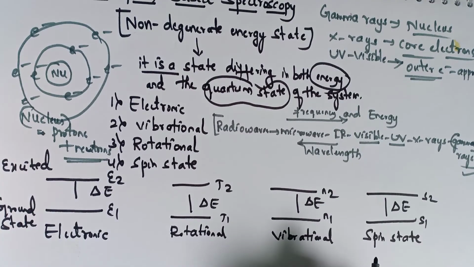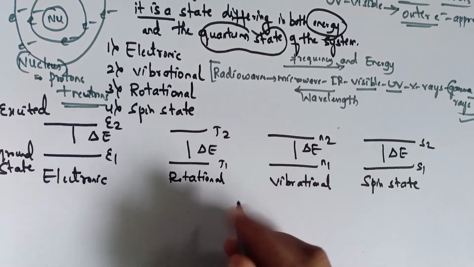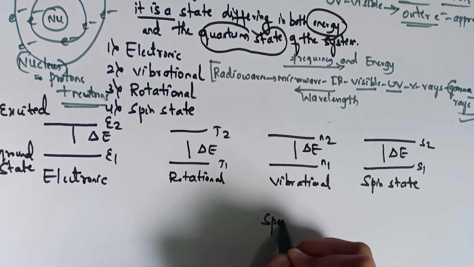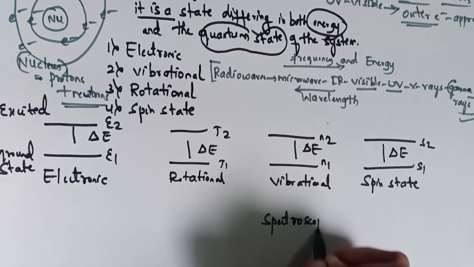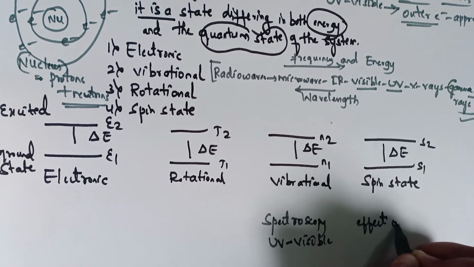So this UV visible spectroscopy makes changes in electronic energy levels within the molecules. I will write the point here. Spectroscopy here is UV and visible. Effect on the molecule.